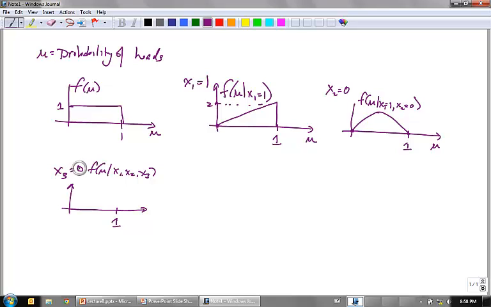So rather than being equally distributed to the left and right of 1/2, I would expect it to be more toward the 0 side of 1/2. So I might expect something that looks like this. Again, I know it's definitely 0 here and 0 here, and so maybe the peak value would be shifted over to this point, which is a little bit to the left of 1/2.